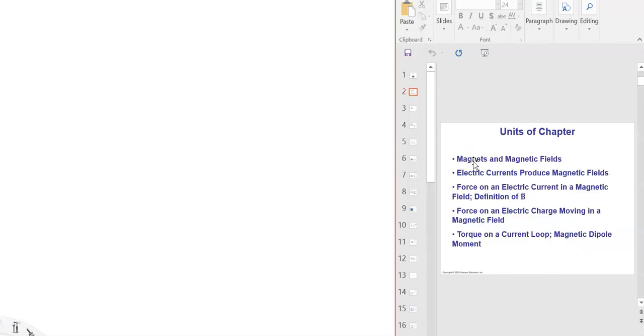So we'll talk about magnets and magnetic fields, how electricity is produced using magnetic fields. Now here's something interesting. So far we talked about using electric batteries, so chemical reactions, to produce electricity, right? Now we're going to use a totally different concept, a totally different idea: magnetism.